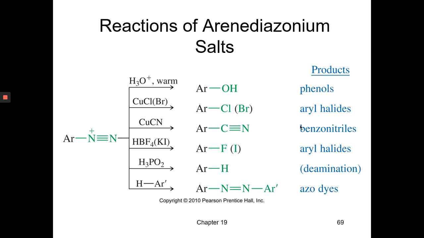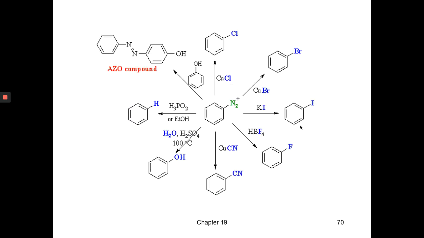Okay, I've got a couple of different slides here that show some of the different reactions that we can run. Okay, so we've generated a diazonium group. We can use, for example, copper 1 chloride to produce the chlorobenzene, copper 1 bromide, and copper 1 cyanide to produce the benzonitrile.